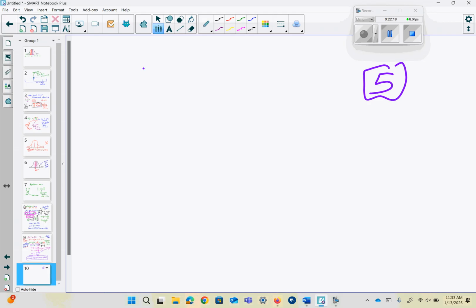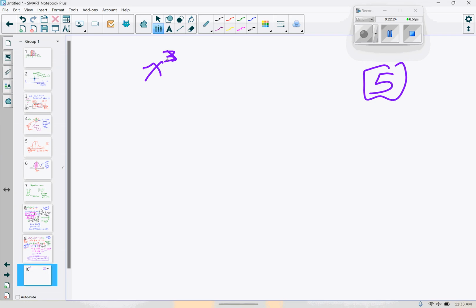And my equation was x to the third minus 5x squared plus 3x minus 15. All right. Who in here, other than in this past week, has used synthetic division before?